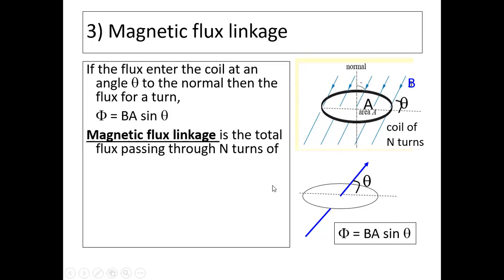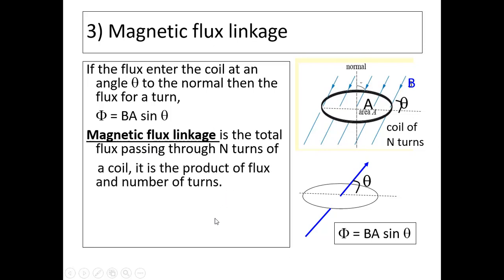Wait, sir, repeat again what you meant. If there are many turns, then all this magnetic flux will pass through each turn of the coil as well. So the total magnetic flux passing through the turns of a coil is the product of flux and the number of turns.